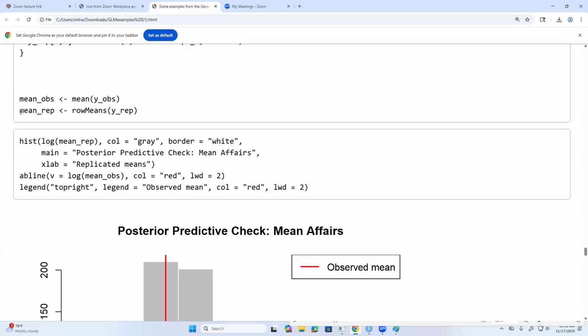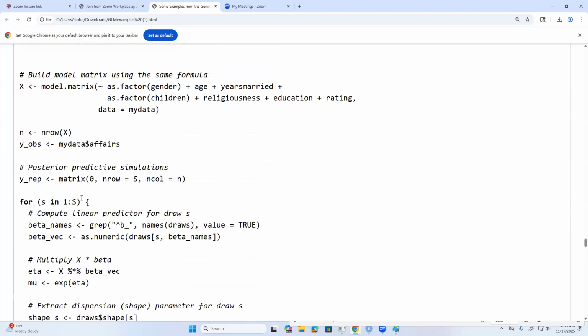How many columns? Same as the number of observations in our data, right? If I had 40 observations in my data set, then y rep is a matrix of 40 columns and 500 rows.